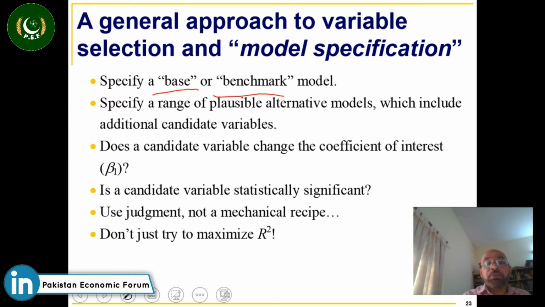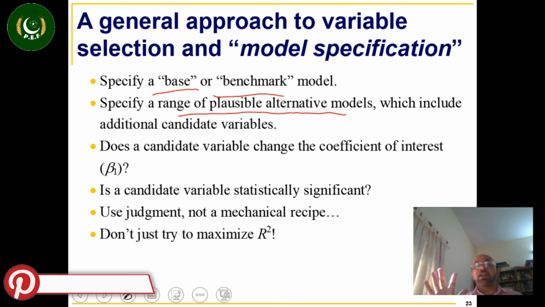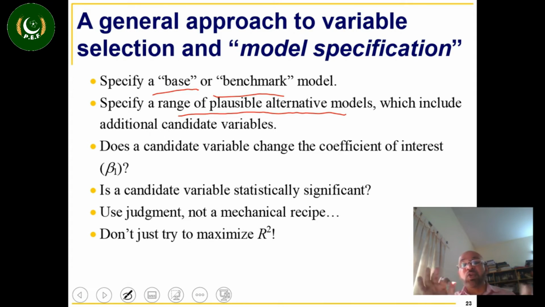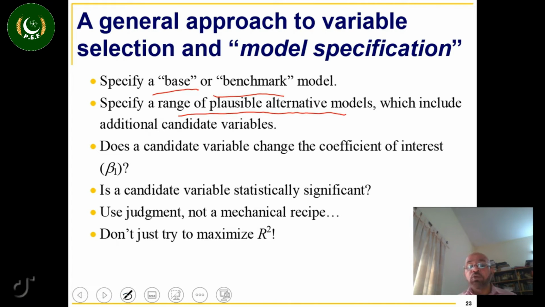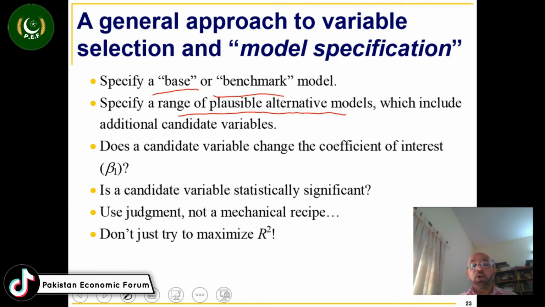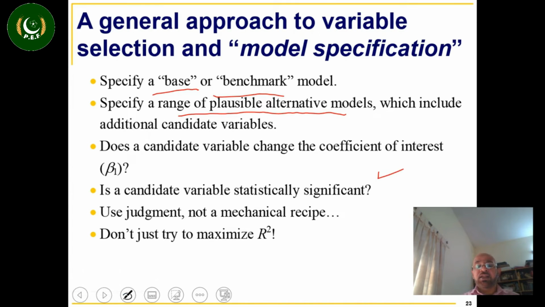So specify a range of plausible alternative models. Please keep in mind, the true model is never known. So you always need to improve, and you can always improve the model. Is a candidate variable, any potential variable, statistically significant?